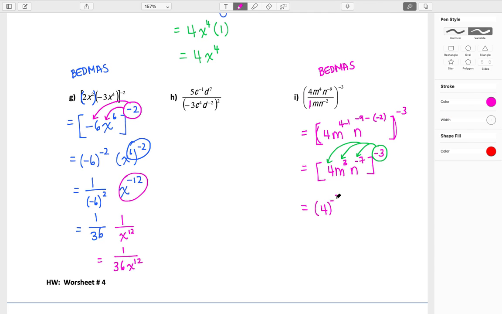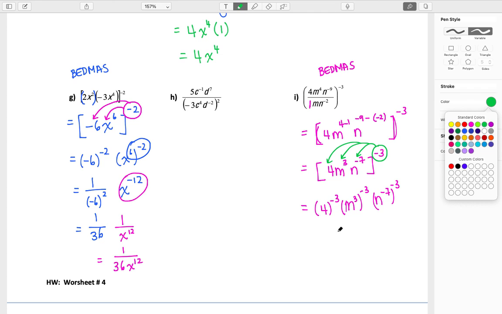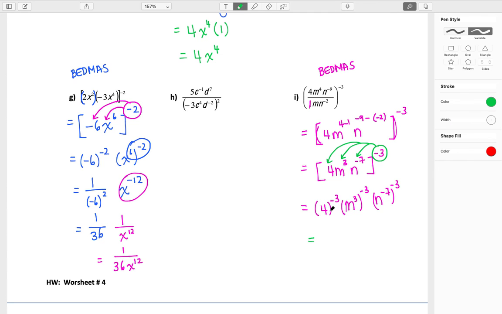So now it's 4 to the negative 3, m to the 3 to the negative 3, and n to the negative 7 to the negative 3. Let's apply the exponent law. I don't like negative exponents, so I'm going to take the reciprocal for the 4, and it finally becomes positive. For m, I'm going to multiply these two, so negative 9.